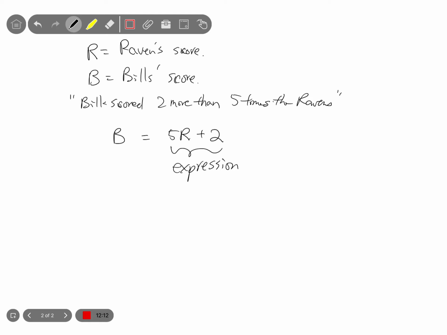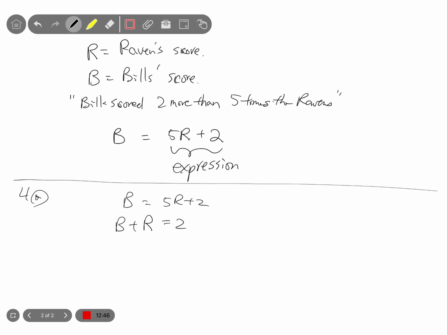All right, so now let's go ahead and expand this a little further on the applications. So if you look at applications, the first problem is from 3C. If the combined score of the game is 20 points, how many points did each team score? Okay, so we know the expression for the Buffalo score is 5R plus 2. However, this time we also know additional information: the combined score is 20, which means when you add their scores together, you get 20 points.